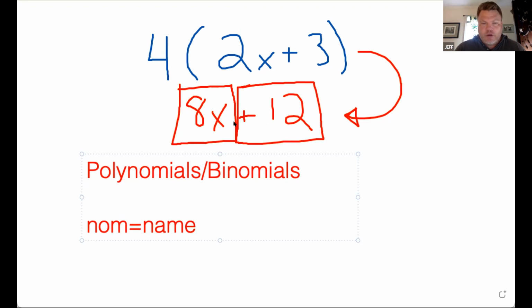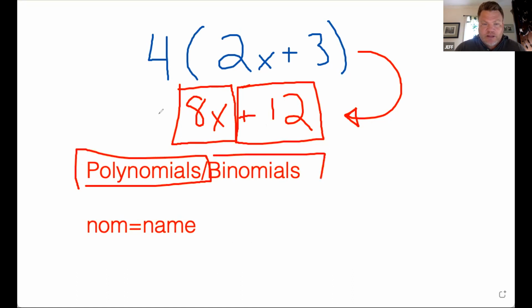So this would end up being a binomial because there are 2 last names. Do we have to know that term? No. But I just wanted to show you that a complex, big old math word like that just means lots of last names. Binomial just means 2 different last names like that. X family, just the number family, just like Family Feud.